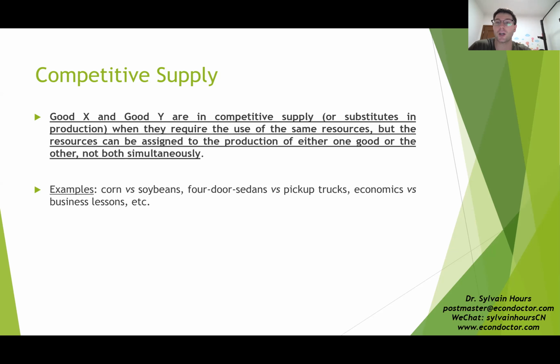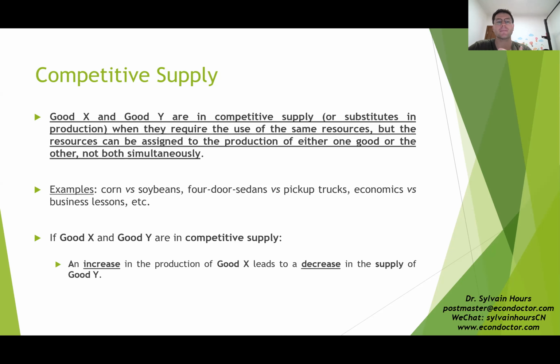If you are a school, you can get your teachers to teach economics or business: same resources, but different output. So what happens if you have two goods that are in competitive supply? If you produce more of one, then you will produce less of the other.